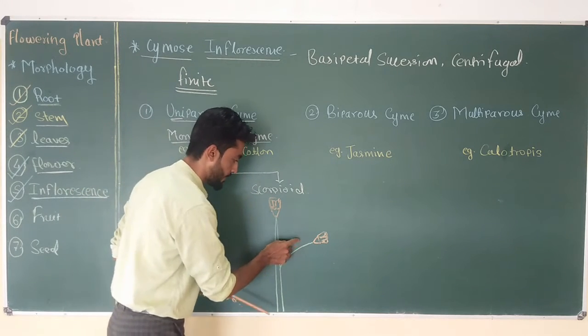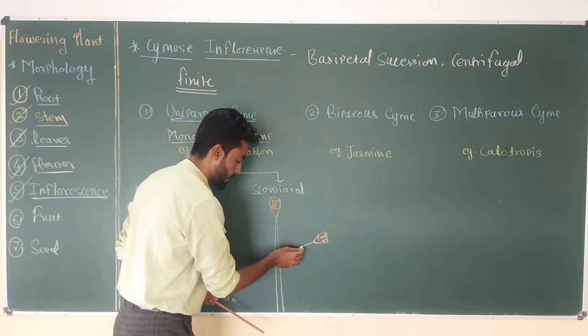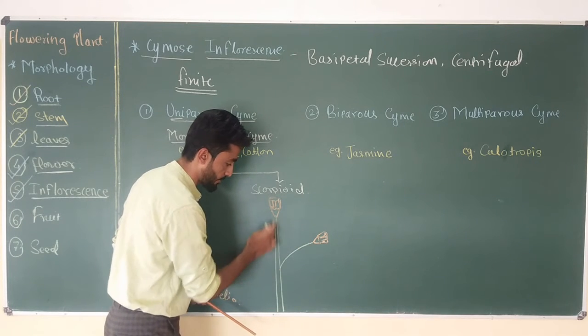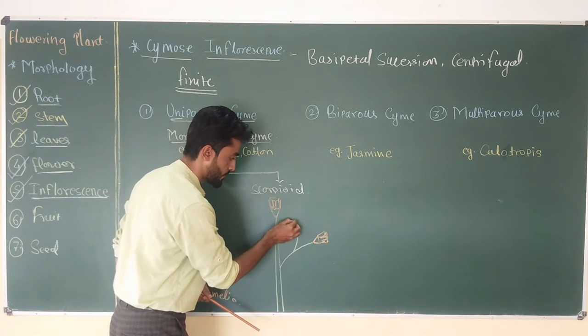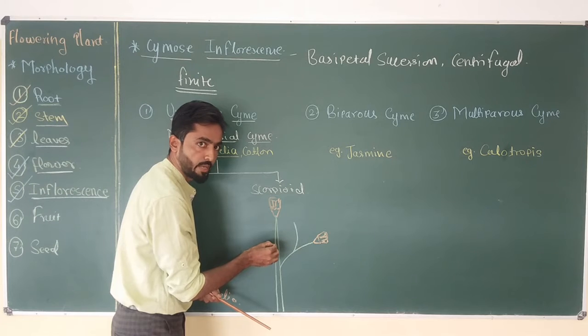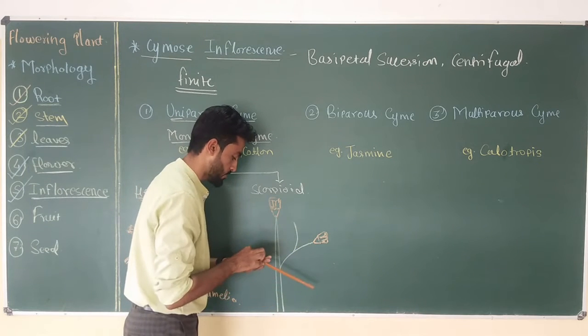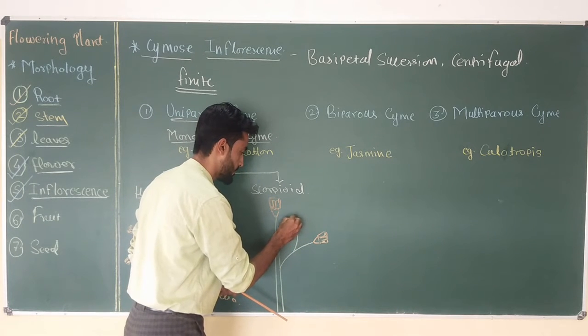That means now secondary branch will be produced. If the primary branch is on the right side of the main axis, now secondary branch will be on the left side of the primary branch. Okay, so now this secondary branch will produce another flower.